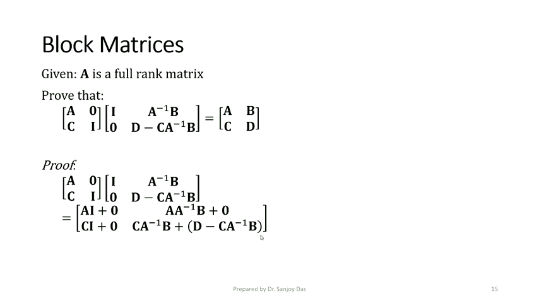What's A times I? I is the identity matrix, so it's just A. And when you add 0 to it, the matrix of zeros, you still get A. So this is equal to A, this is equal to C, and A inverse B is I times B plus 0, which is B. This is C, and this, you see, C A inverse B, and then you have a negative C A inverse B, so they cancel out.